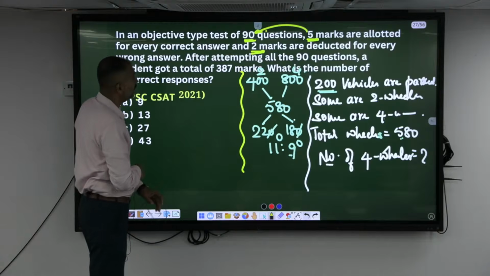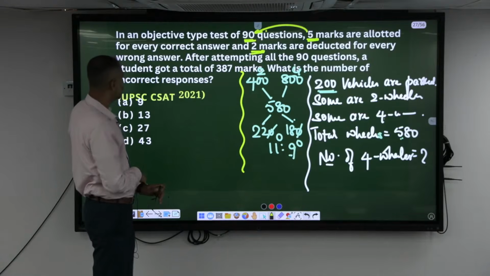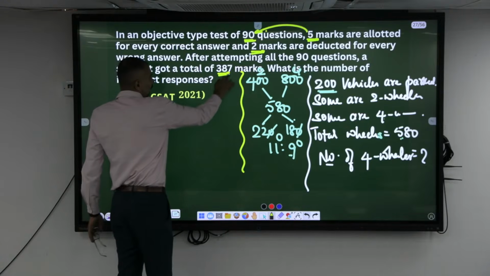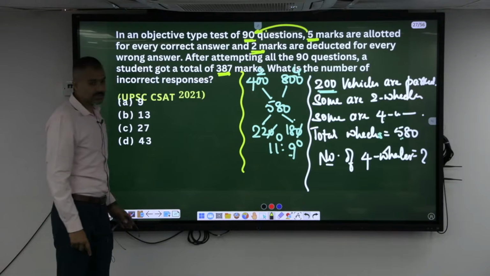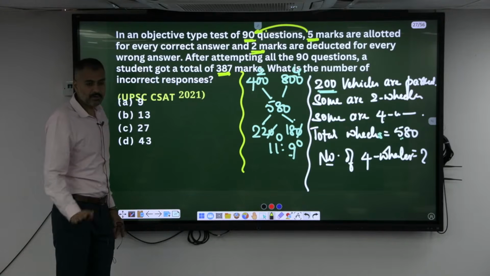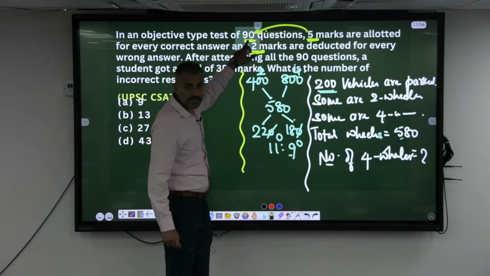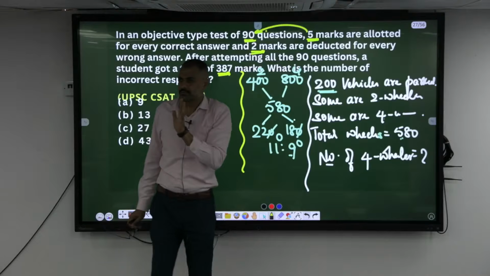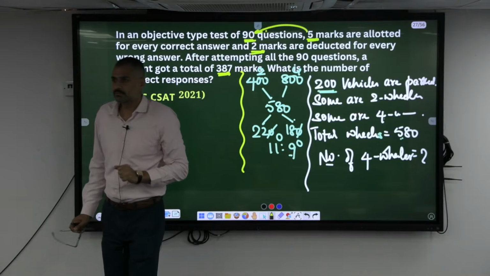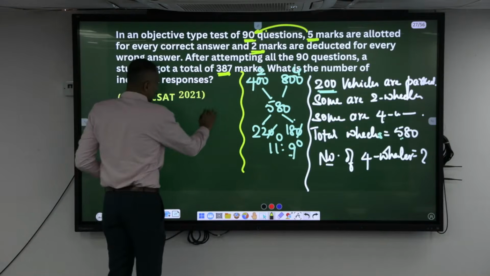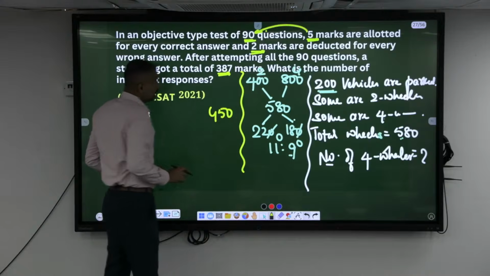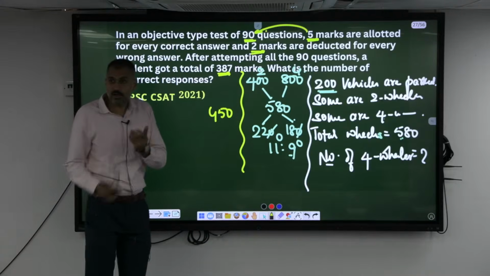After attempting all the 90 questions, a student scored 387. What is the number of incorrect responses? Okay, let's say, assume that you have attempted all 90 questions which are all correct. Maximum you can score how much? 450. Maximum 450 score you can make. Let's say you attempted all the 90 questions, all are wrong.